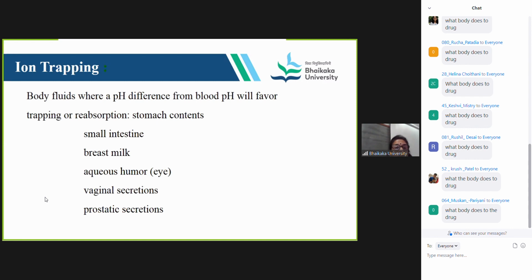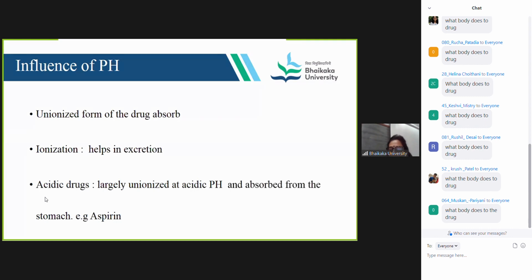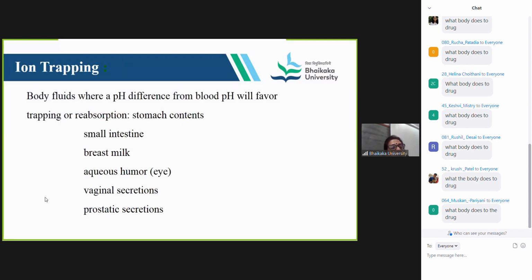There is another mechanism, that is ion trapping. See, the pH of body fluids is different, and that is very important for trapping, or there is another term which is used, reabsorption.